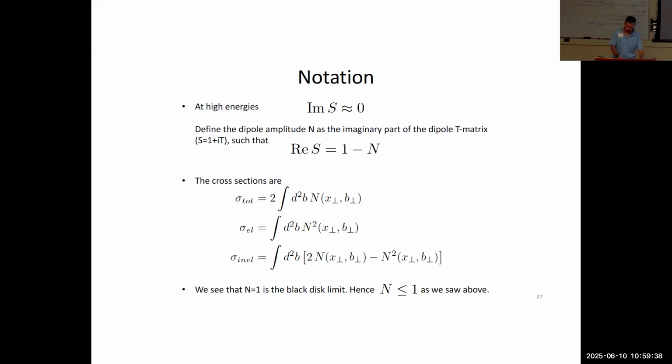Okay, so that was a detour on the black disk. Any questions about this? Bottom line is we don't want N to exceed 1. This is a bound we don't want to violate. And our formalism in the meantime seems to violate this bound, so we have to do something about it.